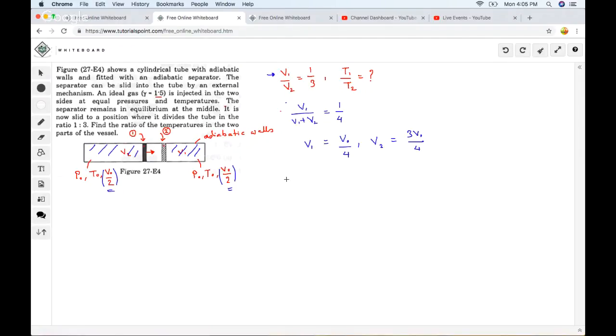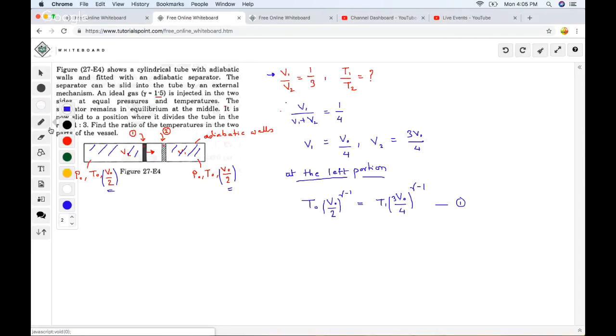All right, if I use the left portion of the cylinder, the adiabatic process equation says that T naught into the volume at that point in time, (V naught by 2) to the power gamma minus 1, is equal to T1 multiplied by the volume at the later point in time, that is (3V naught by 4) to the power gamma minus 1. This is for the left portion. Let's call it equation number 1.